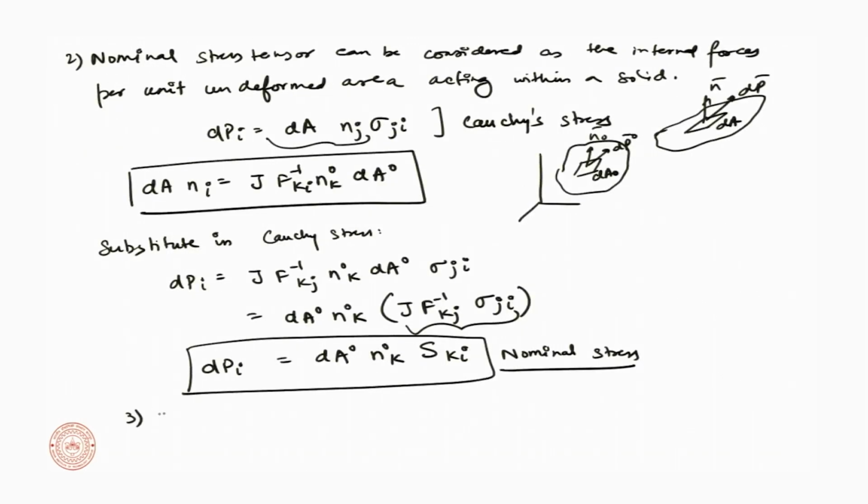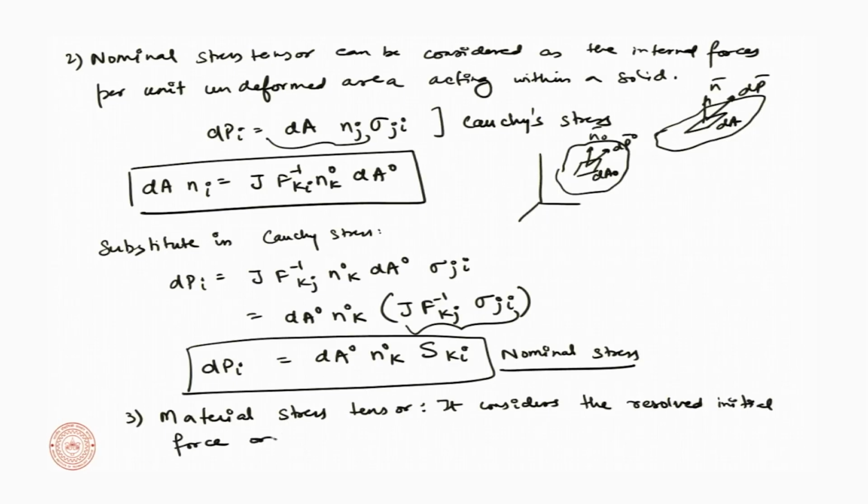The third one is our material stress. So we will just do it quickly. The stress tensor, its physical definition is that it considers the resolved initial force on the undeformed area.